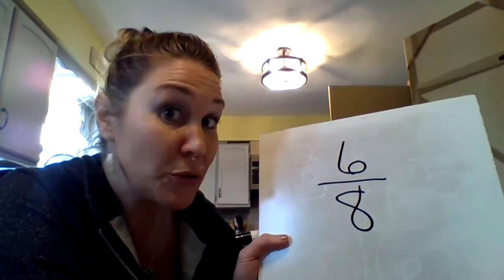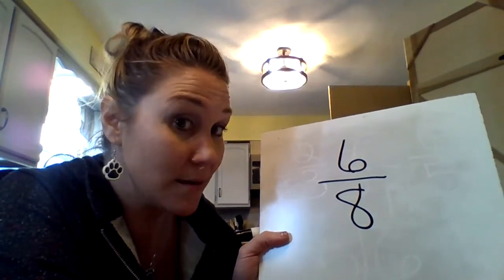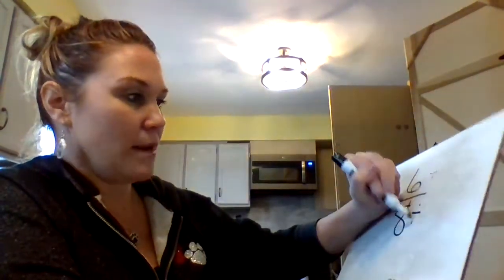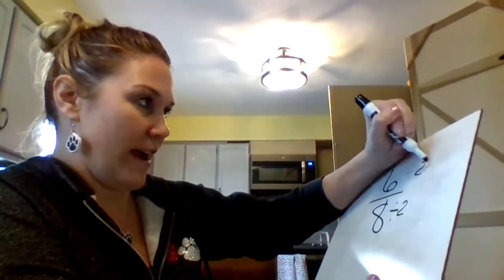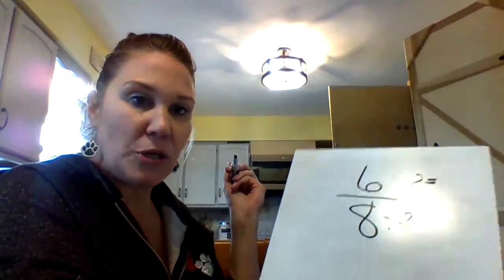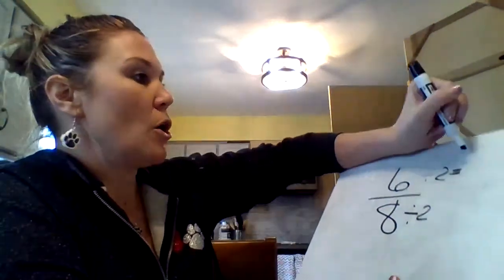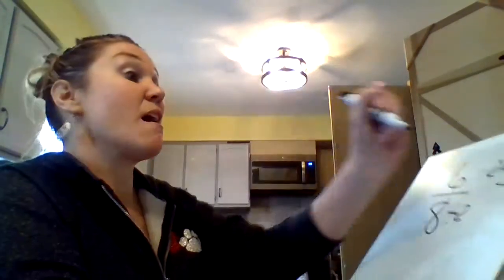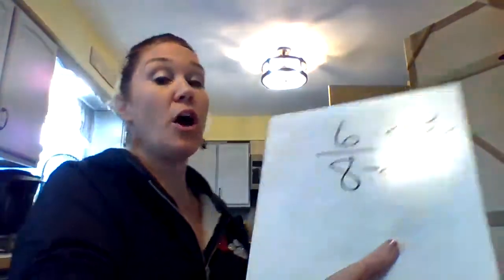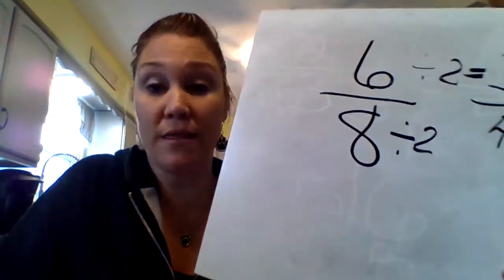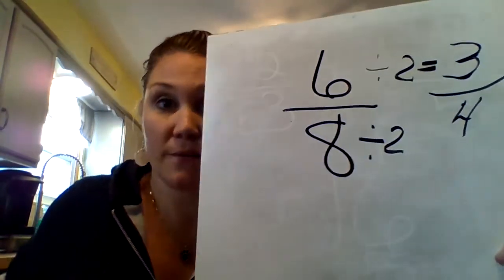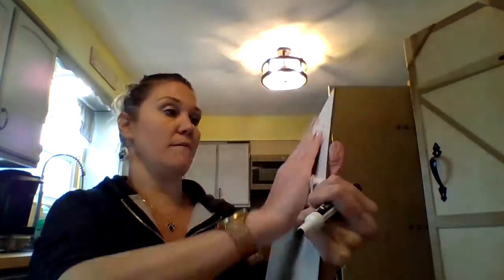They're even, so the number is 2. 6 divided by 2 and 8 divided by 2, because I have to be fair to fractions. What's 6 divided by 2? 3. What's 8 divided by 2? 4. So you have 3/4. That's the simplest answer.